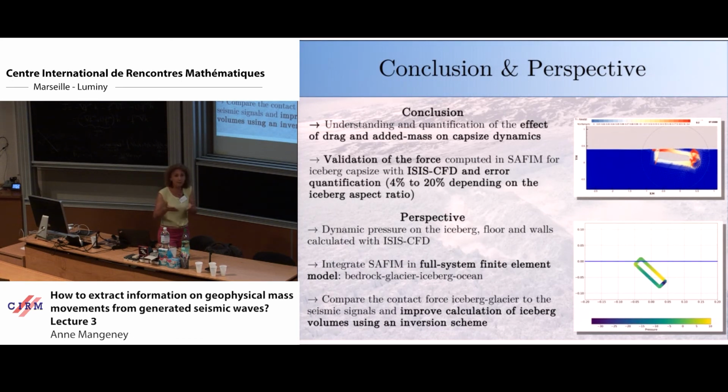So this is the second argument. And the last one is what can change, and it was something that we tested. For example, we tested the value of friction of the iceberg against the wall, and it is very small because of the presence of water, and it doesn't change the force a lot.